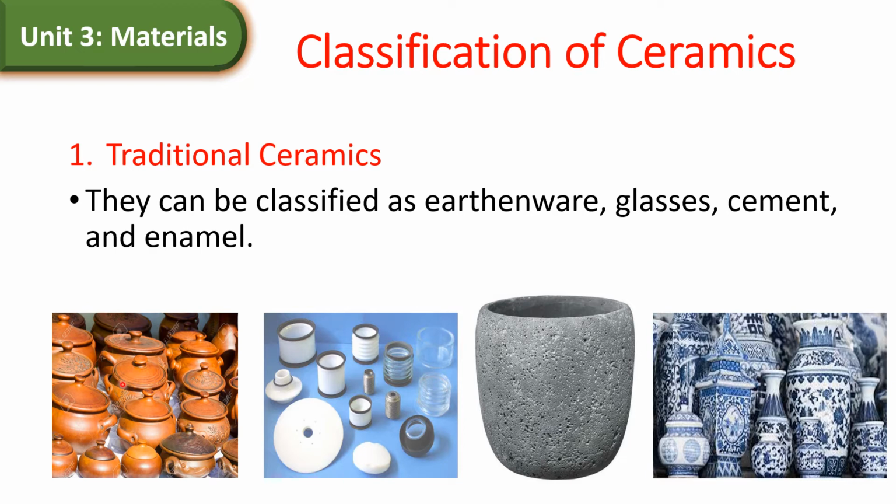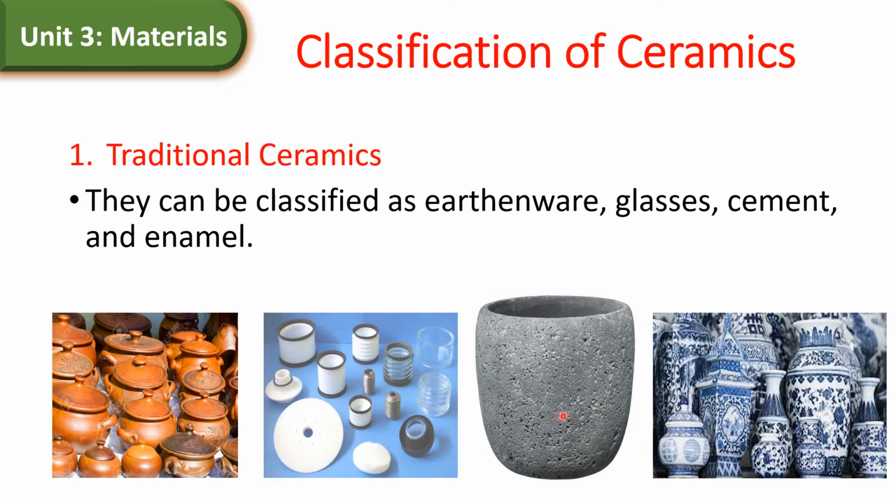Next, we have glasses. Glasses have impurities, meaning something is added to prevent them from becoming crystalline, resulting in something transparent or translucent. Examples of glasses are mirrors, bottles, or even scientific apparatus such as beakers.